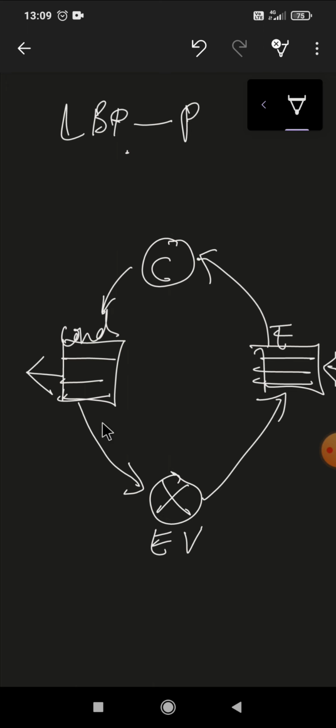Let's start with the refrigerant initially cold, at low temperature, in a liquid-gaseous state flowing through the tubes. It gets heat from the environment or the room. This happens in the evaporator, where the refrigerant is converted from liquid to gas.